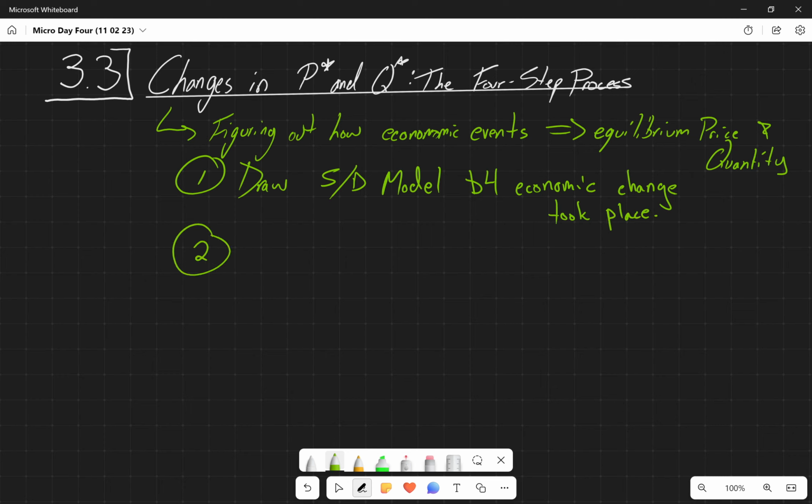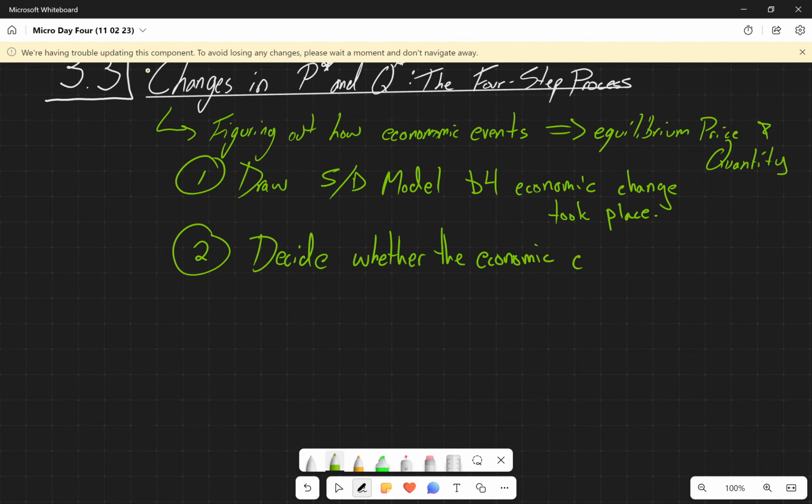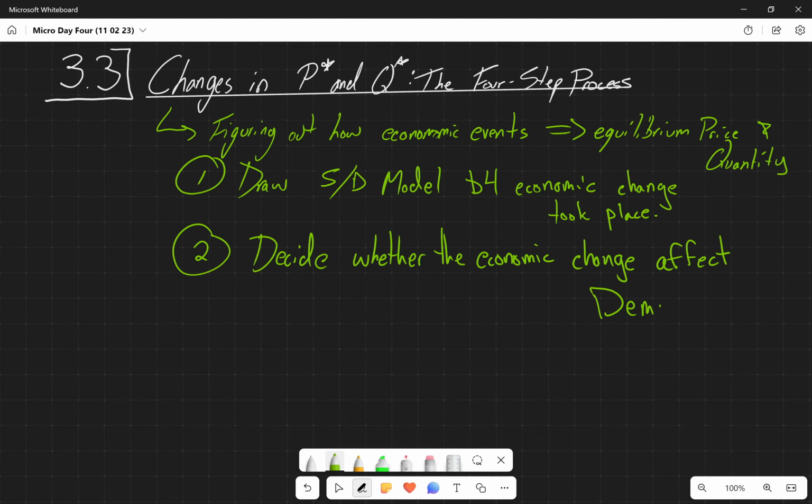The second step is determining whether the economic change impacts demand or supply.